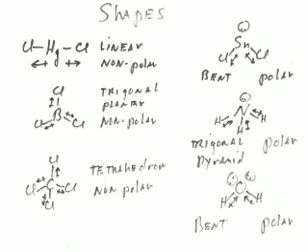That means the two dipoles do not point exactly away from each other, so they reinforce each other, so that is a polar molecule. In the boron trichloride, we have three pairs of electrons, and we said three pairs of electrons go into a trigonal planar arrangement, and all the dipoles point away from each other and they cancel.